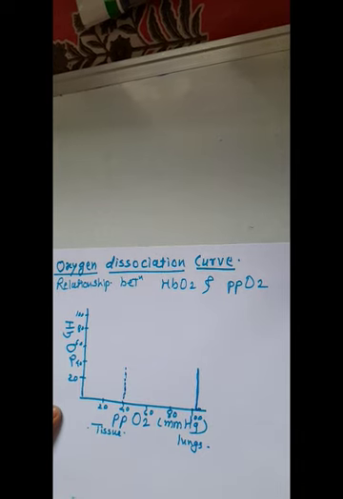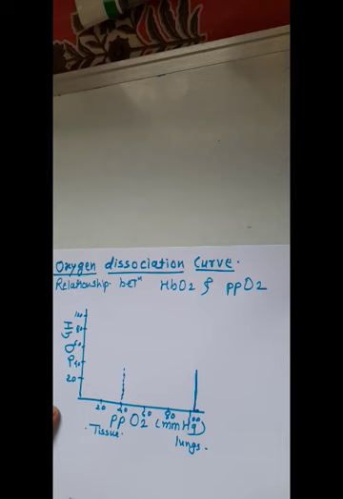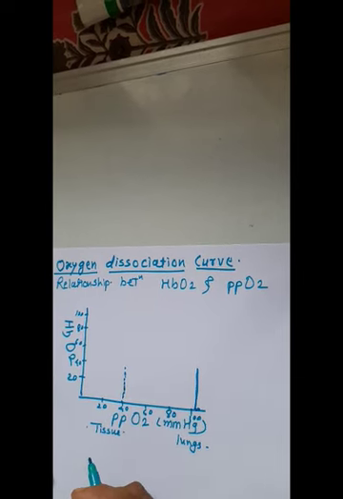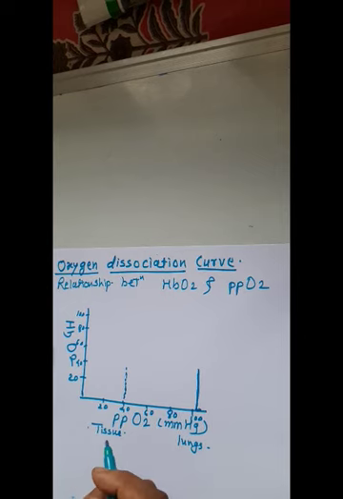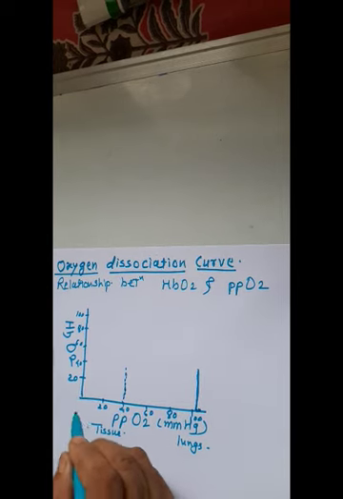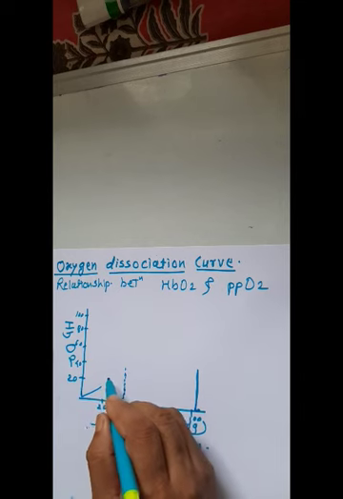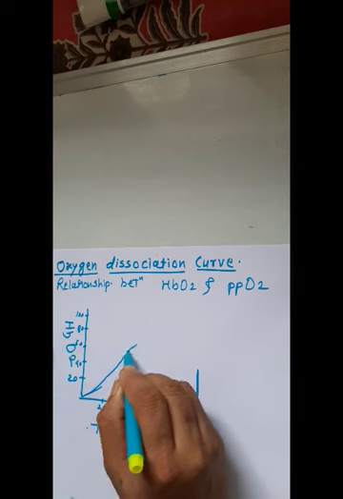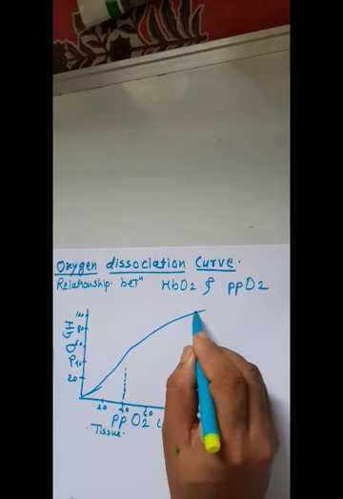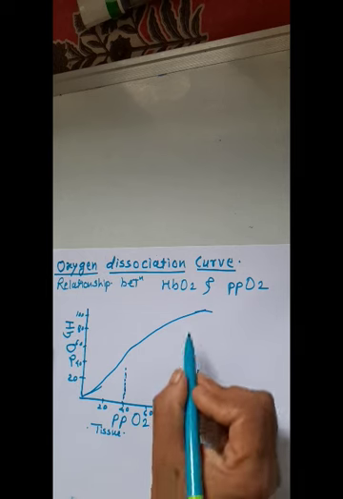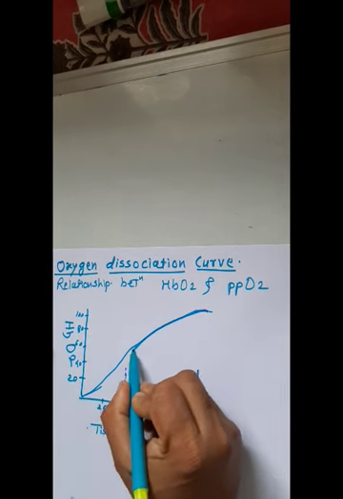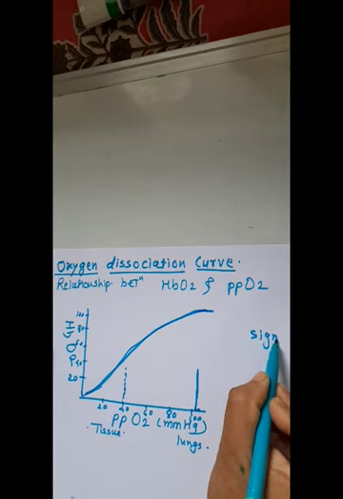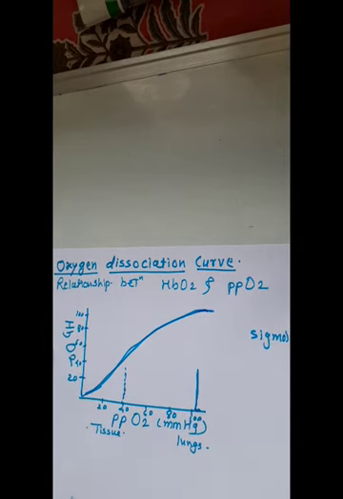The concentration of HbO2, that is the oxygen combined with hemoglobin, is called oxyhemoglobin. It is low at the tissue level and high at the alveolar level. So the normal graph is S type, or sigmoid type.